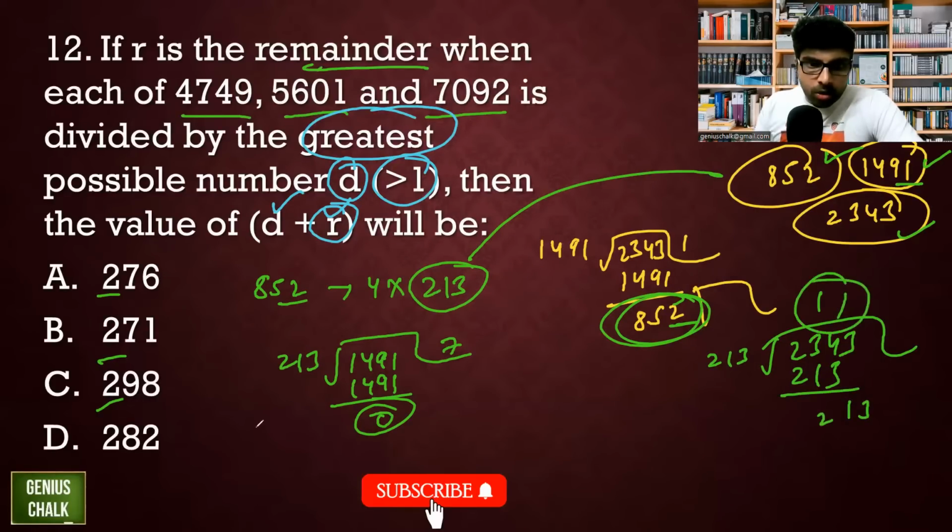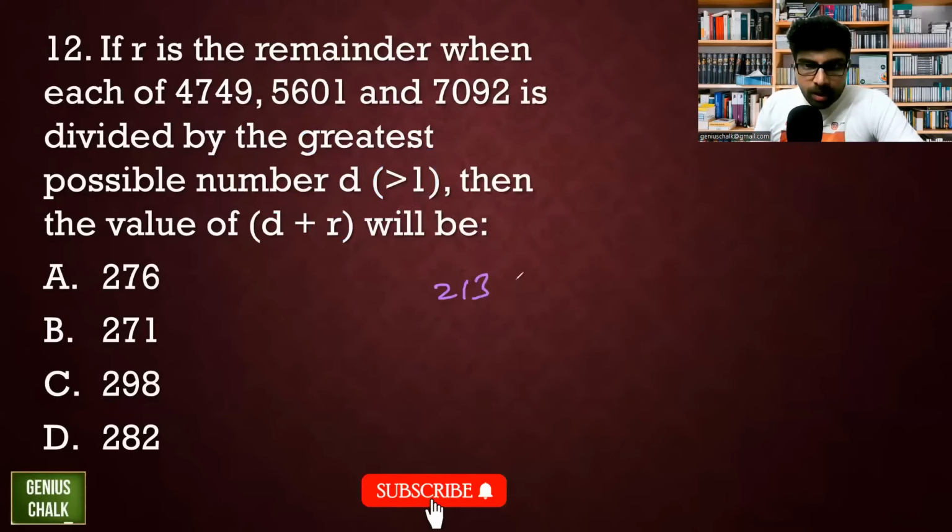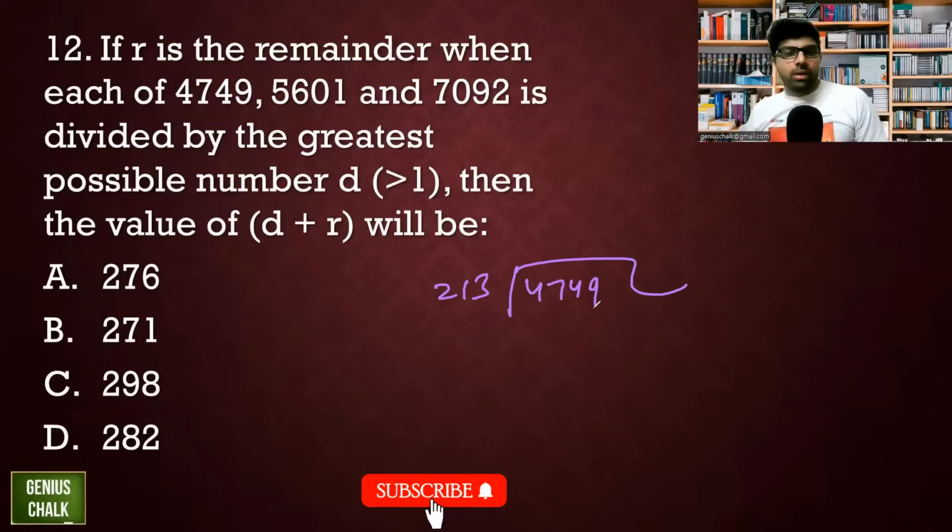That means it's a good question. The HCF has to be 213. HCF has to be 213. If HCF is 213, now we can solve. HCF is 213. So now divide. 213 is my HCF. Now divide any one. 4749.